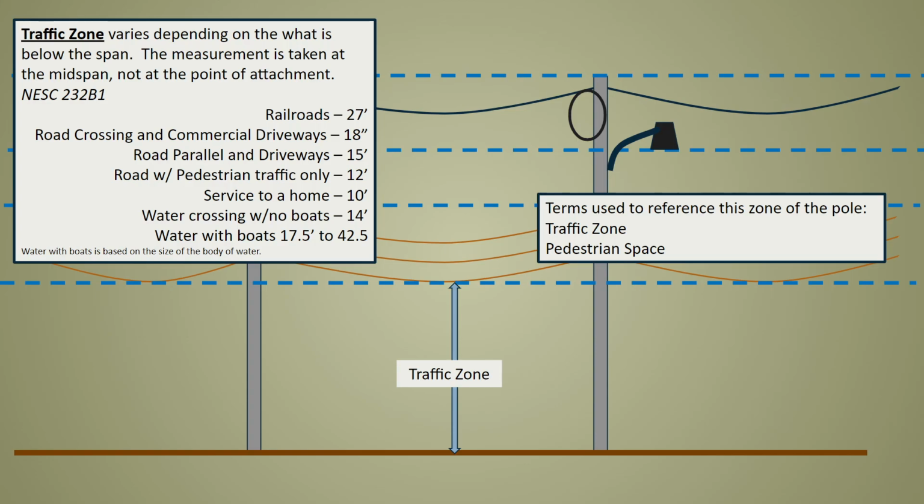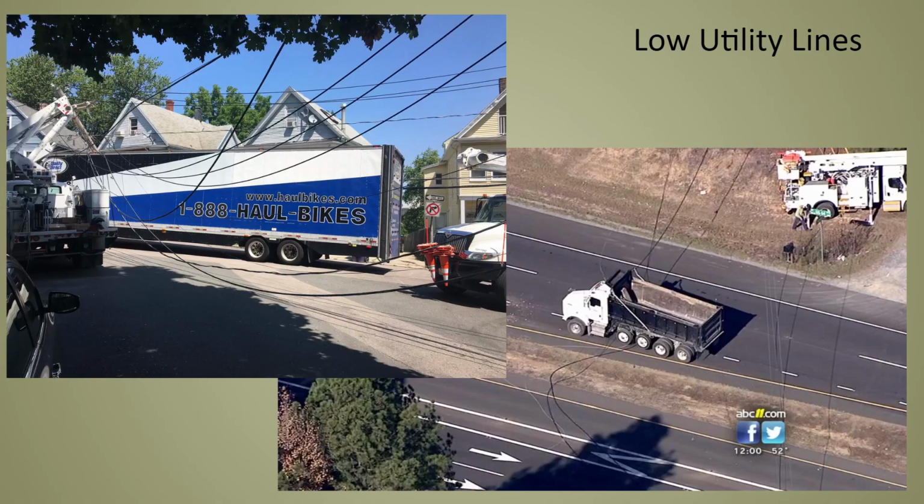So it could be a city, a state, a county, or it could be the Army Corps of Engineers. They determine what that midspan has to be for the types of boats that could possibly pass underneath it. So obviously the reason we care about that traffic zone is because we don't want trucks tearing the cables down off the poles.